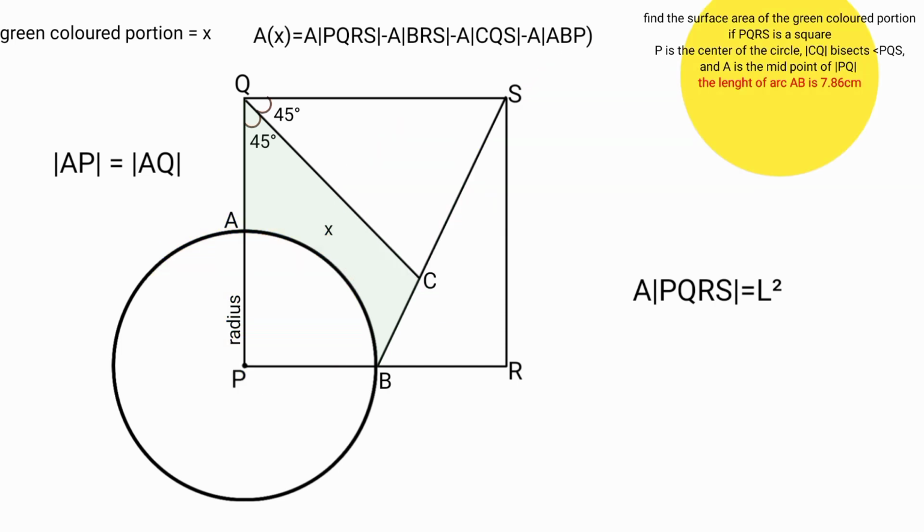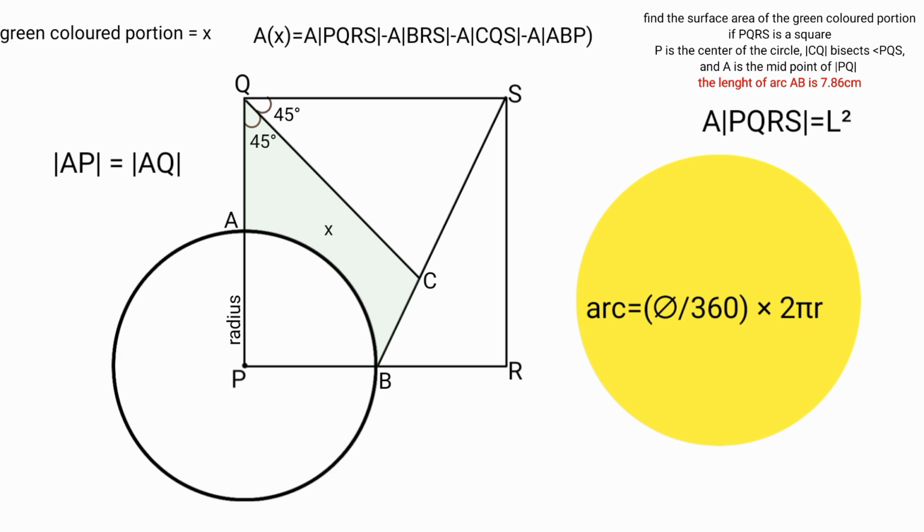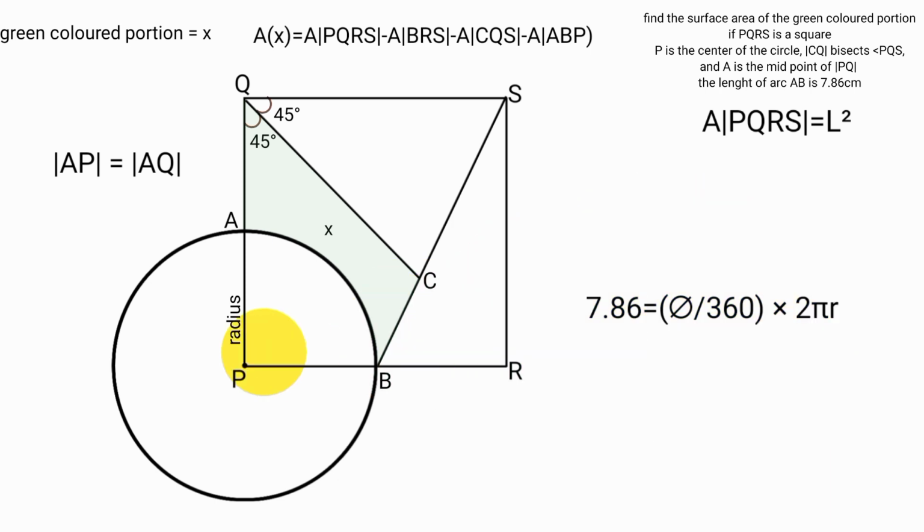So recall from here now that the length of this arc AB is 7.86 centimeters, and the formula for the length of an arc is theta over 360 times 2 pi r. So we can equate 7.86 to theta over 360 times 2 pi r to find the radius. Theta is the angle subtended at the center, which is this angle here.